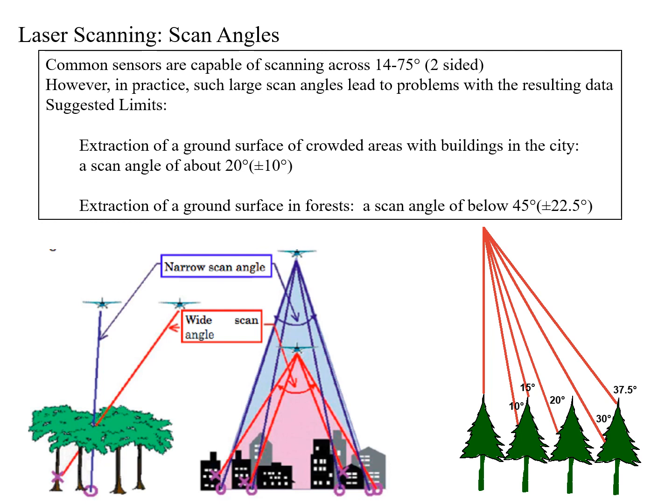And some would say that that's too much. Unfortunately, the narrower your scan angle, the more passes you have to make, because each one of your swaths is going to be smaller. And so you have to fly more, and that costs money. So there have got to be some compromises.